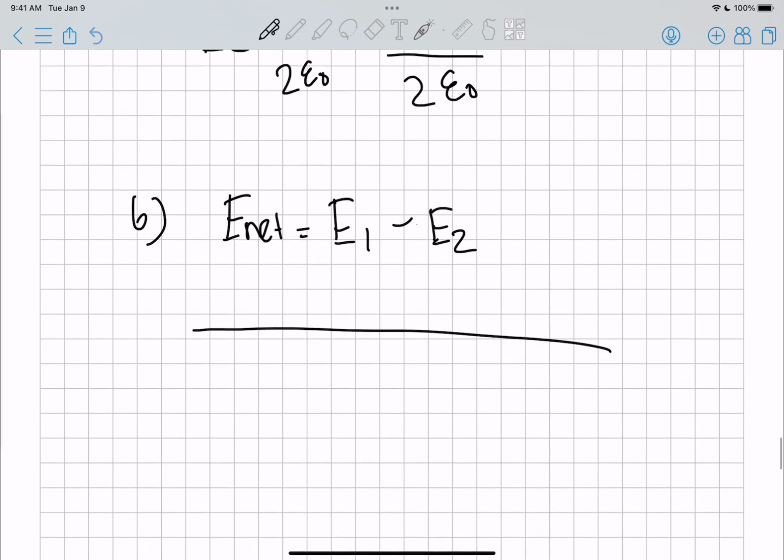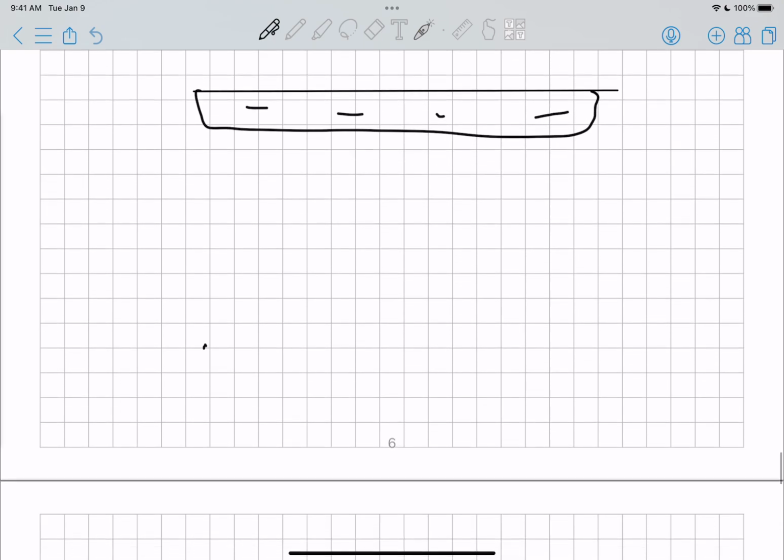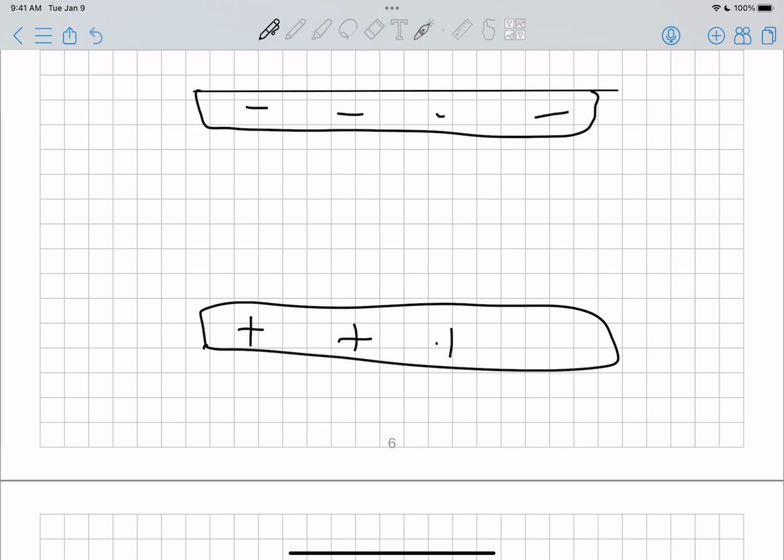So if I have a negative sheet like this, negative, negative, negative, and then we have positive, positive, positive, here is the convention for any charge, whether a sheet charge, line charge, or even a point charge: you draw the electric field lines in a way that would be directed how a positive test charge would react to that charge.